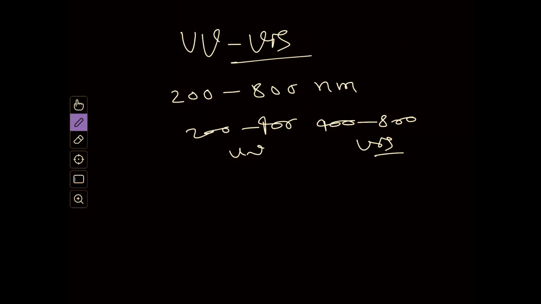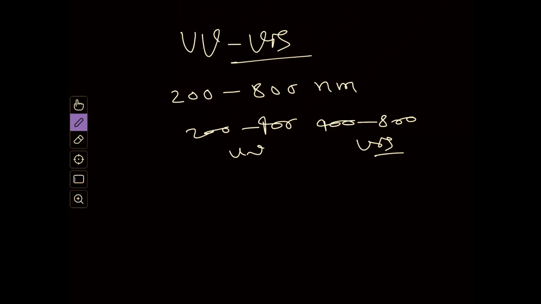Now the first question is, what is the purpose of this spectroscopic technique? What information about a molecule do we get from it? This is the spectroscopic technique which was discovered at the very beginning. Before NMR and IR, UV spectroscopy was first discovered, and at that time it was widely used in determining organic structures.